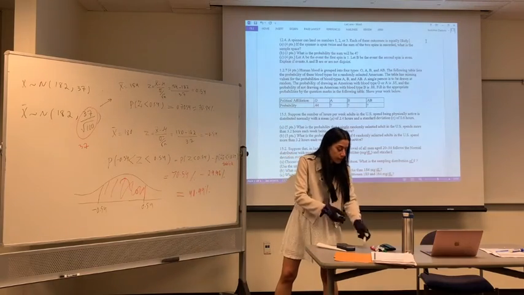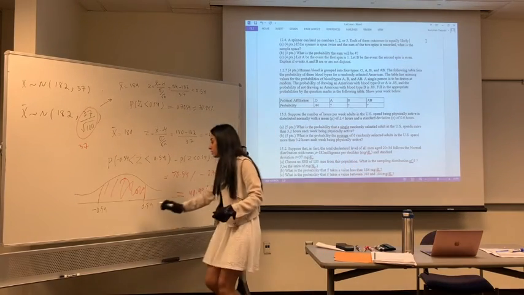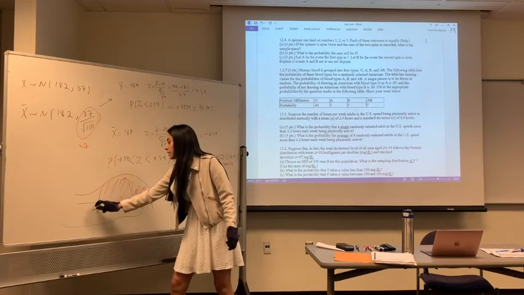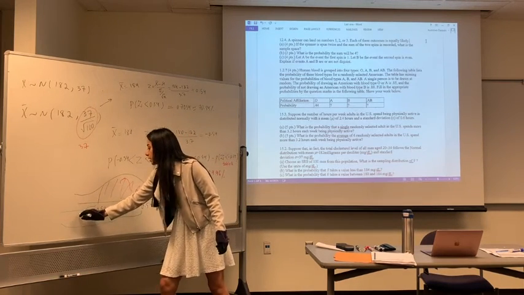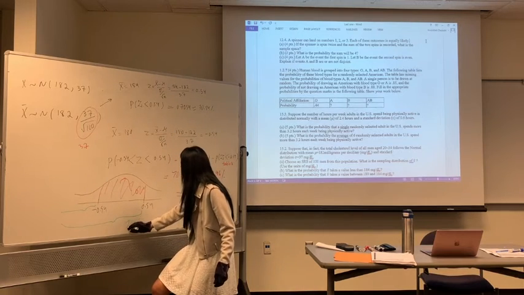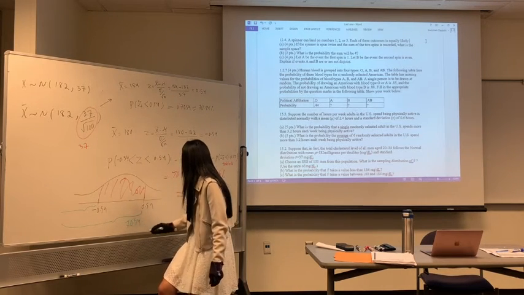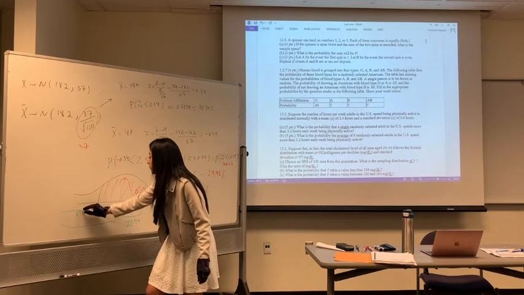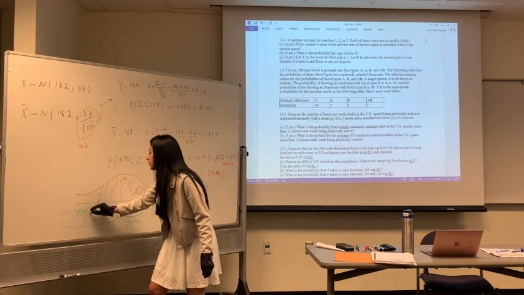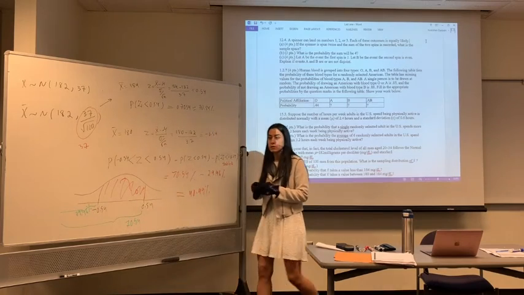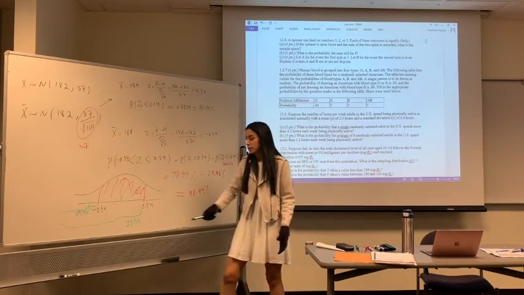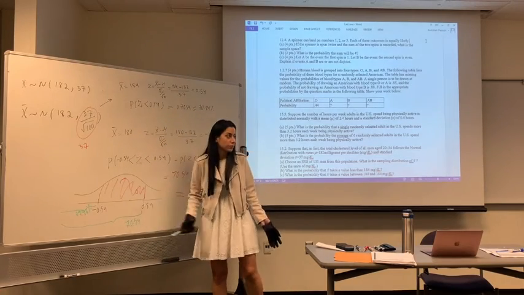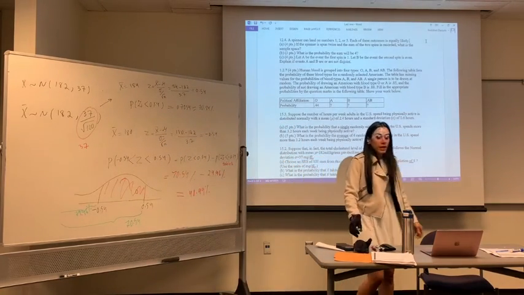To find this, first we see the probability all the way from here, the bigger probability, 70.54, and the smaller probability, 29.46%. So we are subtracting this area from the whole area to get the middle part, right? Any question?